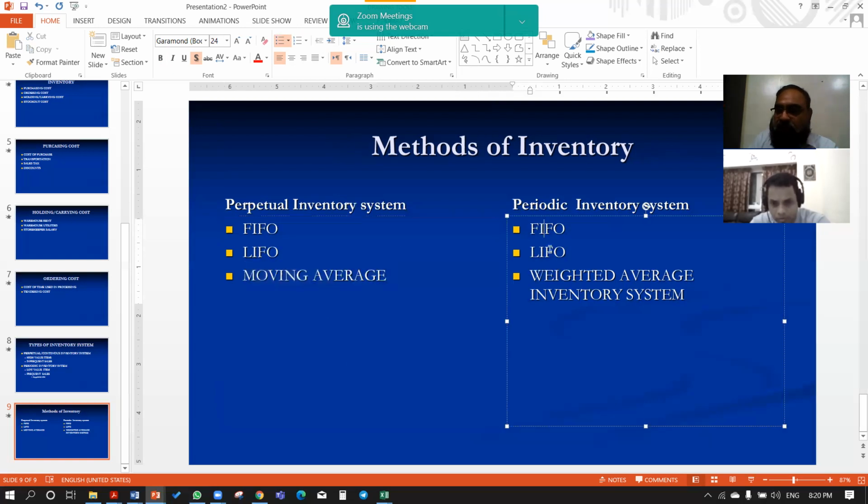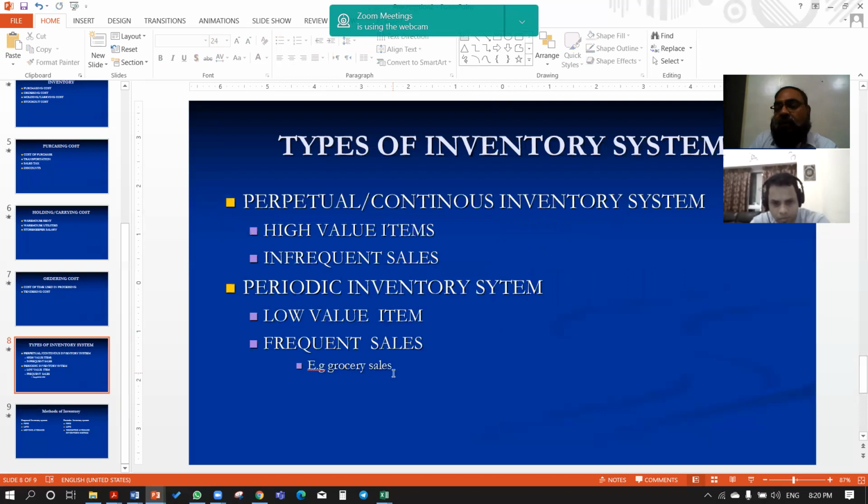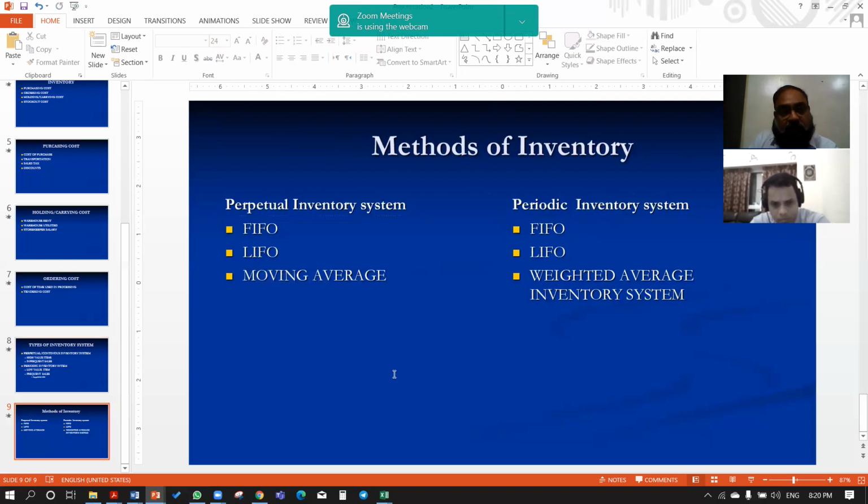FIFO and LIFO under the periodic system: we discussed that the periodic inventory system is for frequent sales but very low value items. So we cannot record it after every sale. The system for that is that we will have a period end, normally at the year end, when we will close one day and go for stock counting, what we call physical stock taking.